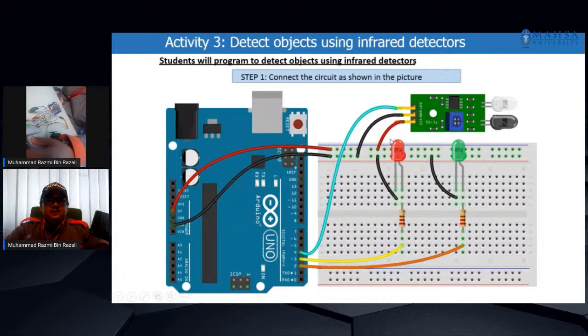The VCC pin we connect to the 5 volt, and then ground we connect to the ground of the Arduino, and then the output we connect to pin number 4, so that the infrared detector sends the signal to pin number 4.